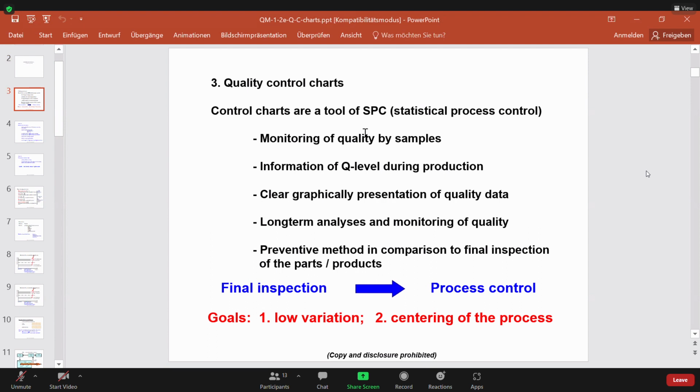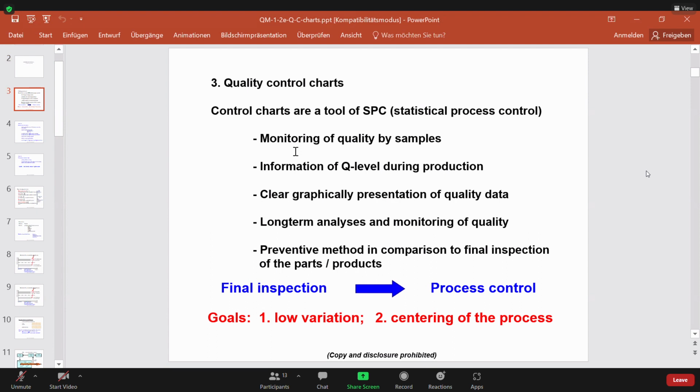This is the sample size, which is usual. And usually you take 3 parts or 5 parts out of the production. You can do this every 2 hours or every 6 hours or one time a shift.